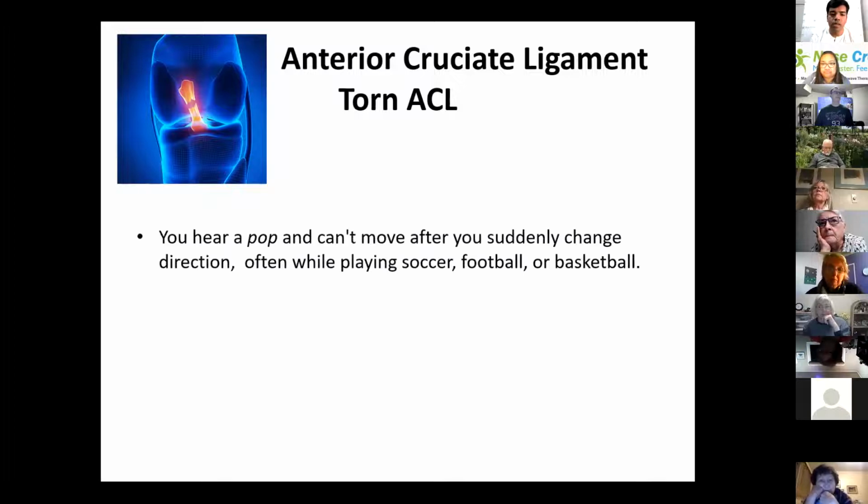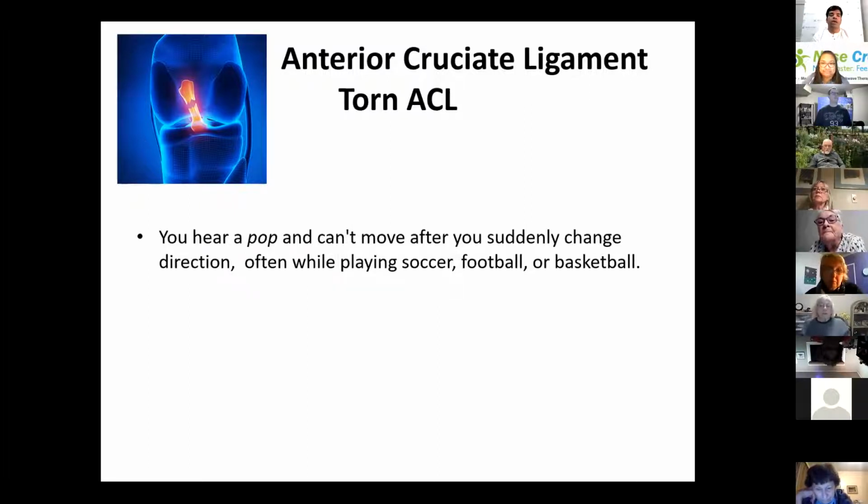Okay. So when it happens, we will hear a pop sound, and right away we will notice pain and swelling, and struggle to walk and bear weight. These are the immediate changes we notice if any tear happens to the ACL.